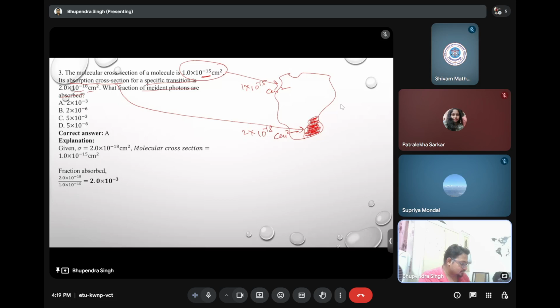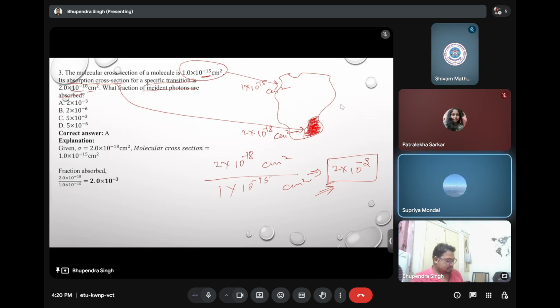Just the ratio of this portion to the overall: 2 into 10 to the power minus 18 centimeter square divided by the full molecular cross section. So it is 2 into 10 to the power minus 3. This will be the ratio only. Is it fine, Supriya? Okay, this is simple. Moving on.